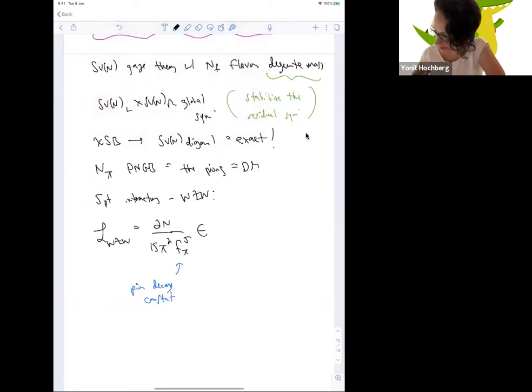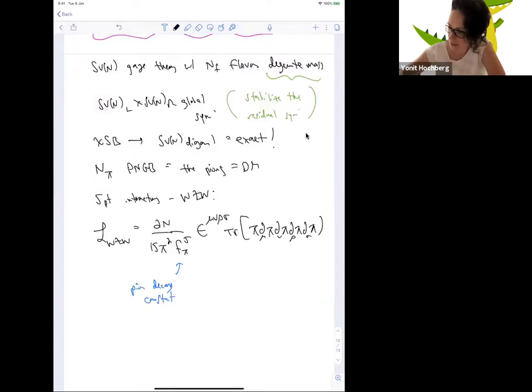So first I have an epsilon tensor, epsilon mu nu rho sigma. And then I have a trace of a whole bunch of stuff. I basically have pi, d pi, d pi, d pi, d pi with all sorts of indices, mu, nu, rho, sigma.